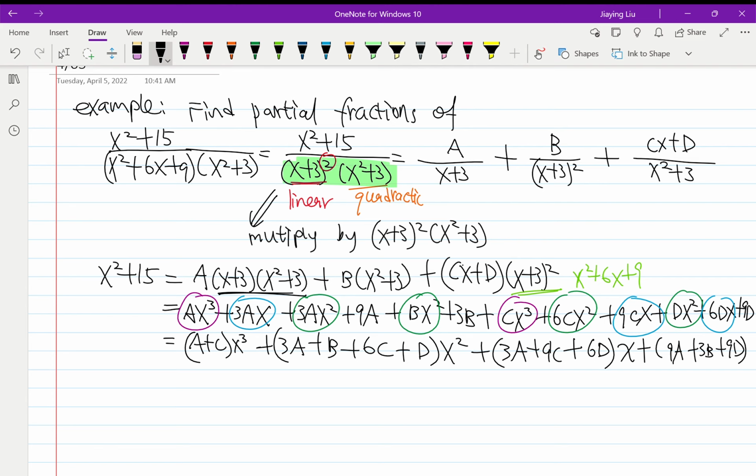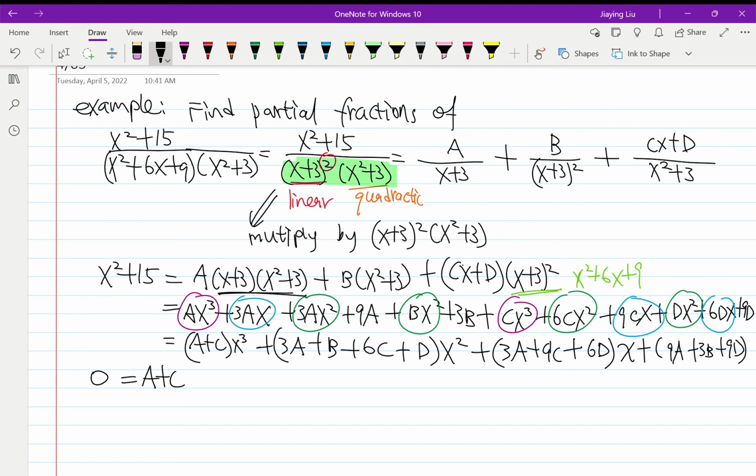For the same terms, we want the coefficients to be the same on both sides. So here we have x cubed, but on the left side we don't have x cubed, which is okay. We're just assuming it's a 0 times x cubed. So we want the coefficients to be the same. So we get 0 must equal a plus c because we don't have any x cubed on the left.